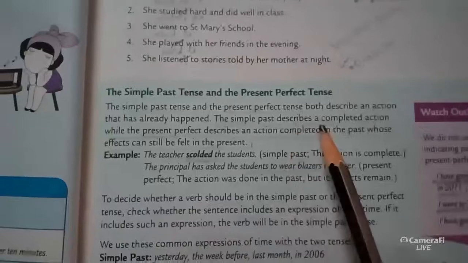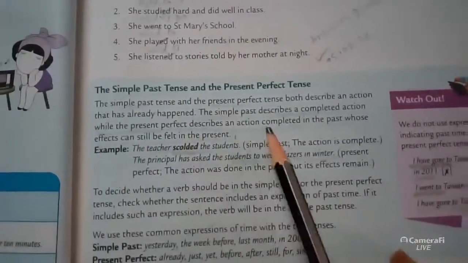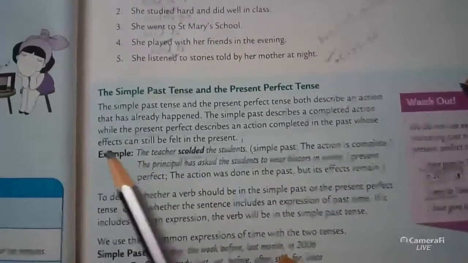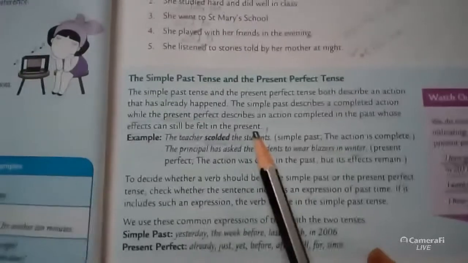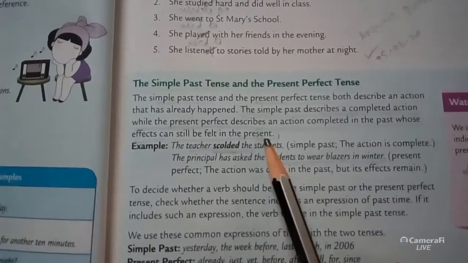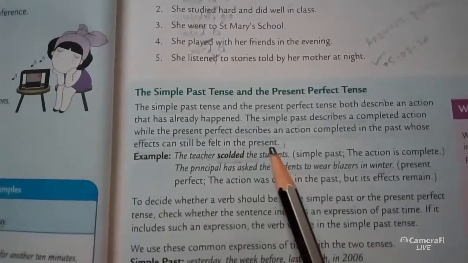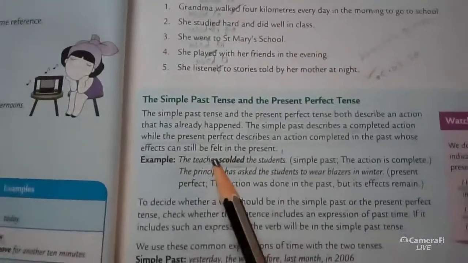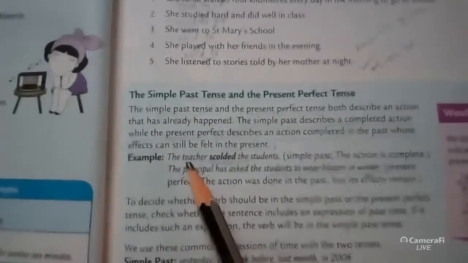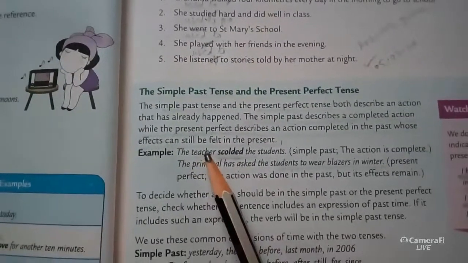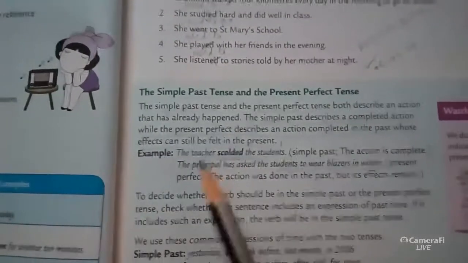The simple past describes a completed action while the present perfect describes an action completed in the past whose effect can still be felt in the present. Okay, that means in simple past we describe the action which is totally completed, but in present perfect we describe the action which completed but the effect is still felt.